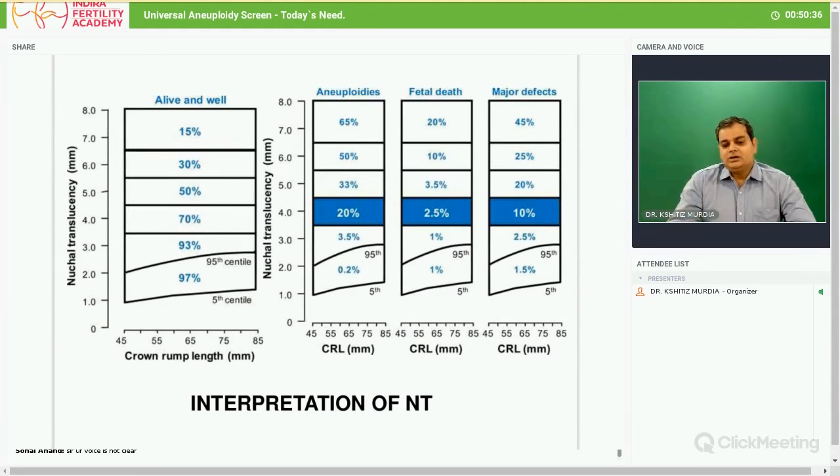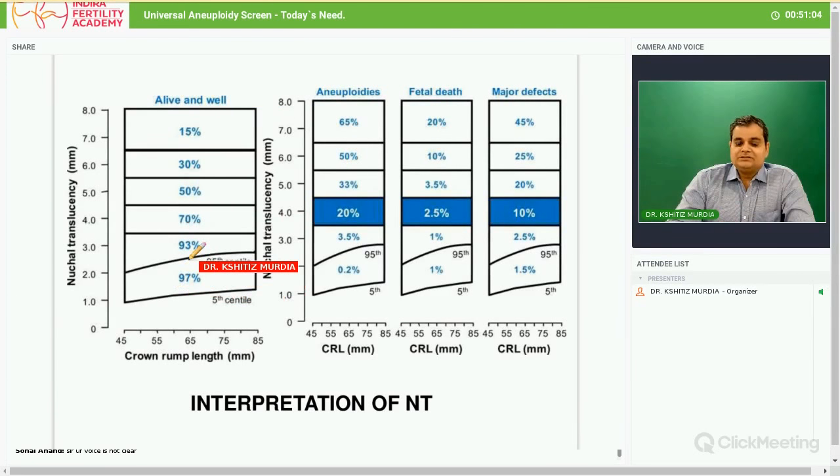Before going to the second component, let's interpret how the NT performs. If I plot NT across the crown-rump length, the majority of NTs fall within the 95th percentile, and those babies do well; almost 97% of such babies remain alive and do well in their life.